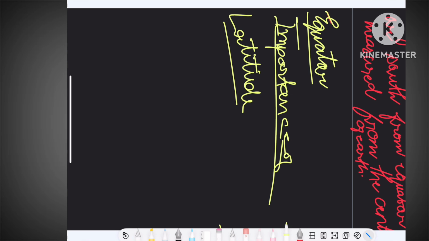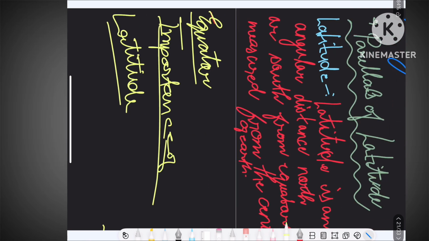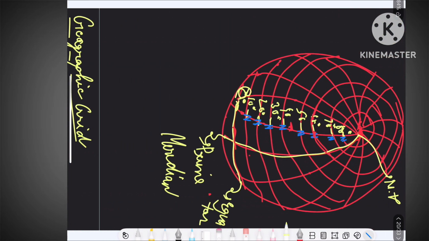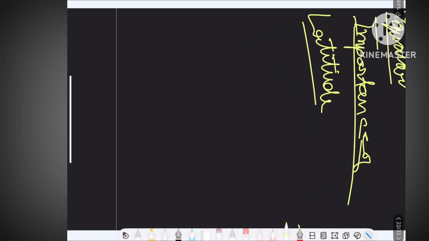Now about the longitude. Longitude is here. Prime meridian is the longitude at 0 degrees that divides the Earth into eastern and western hemispheres. Meridians of longitude. What are the meridians of longitude?